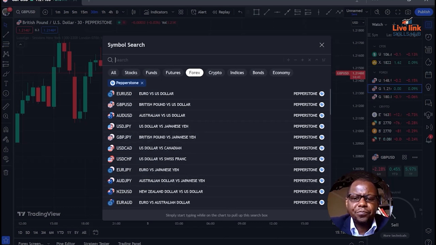I think it is important for me to point out at this juncture that when you choose a particular pair, what we're learning in Forex trading, what usually happens with pairs, there are very many similarities with what happens with other assets.